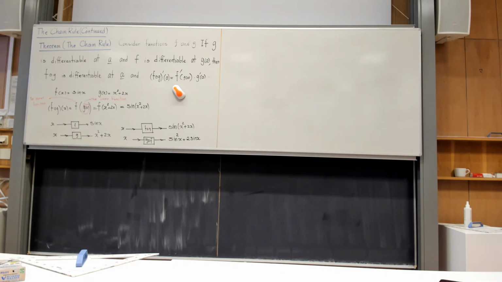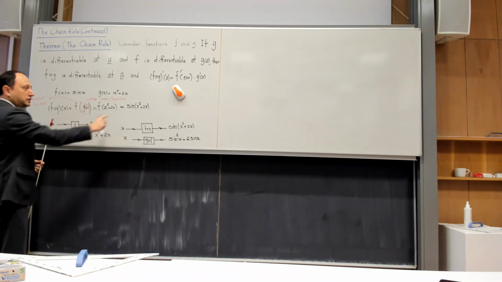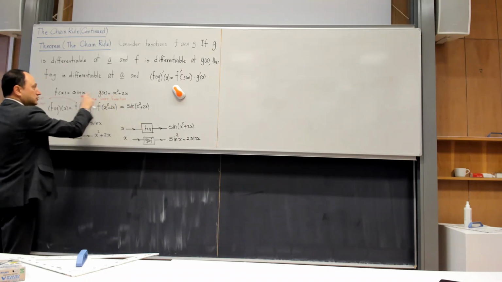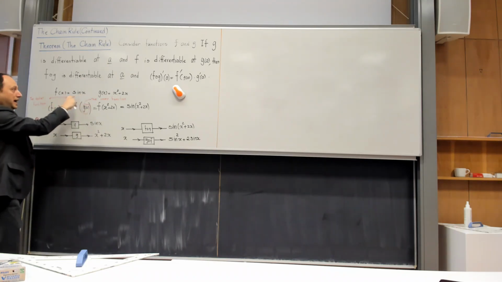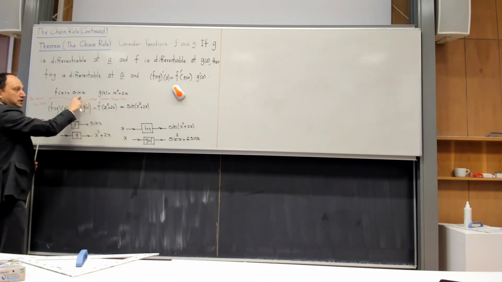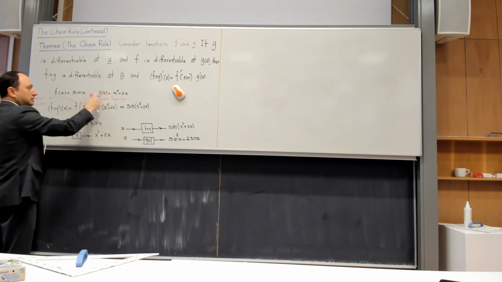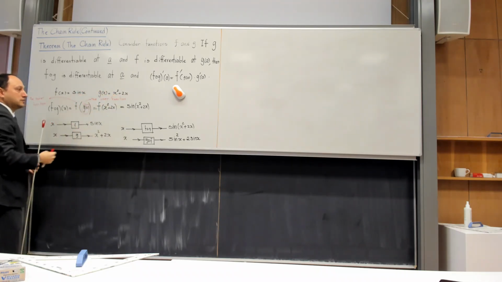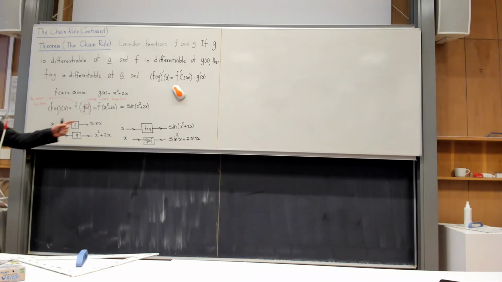And that is extremely important because there is no other way to get this function out from these two functions except the composition operation. If I add these two functions, it becomes x squared plus 2x plus sine x, which is not this function. I don't know if I multiply them, divide them, subtract them, raise them to some powers. All these kinds of operations will not give rise to the function that I want.